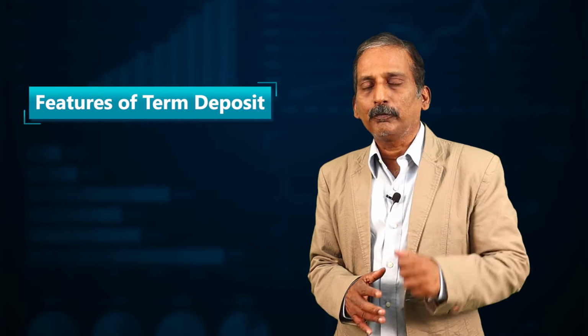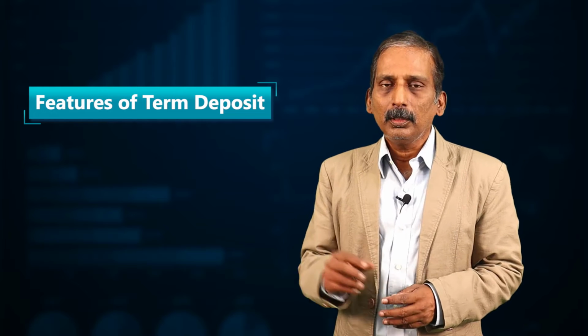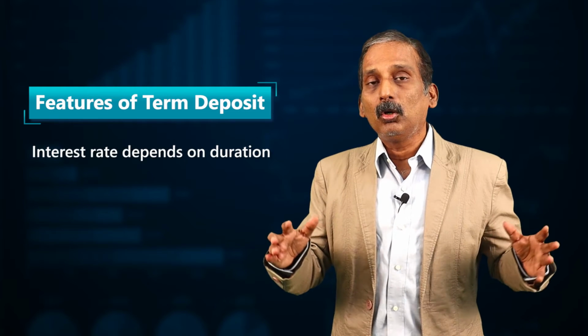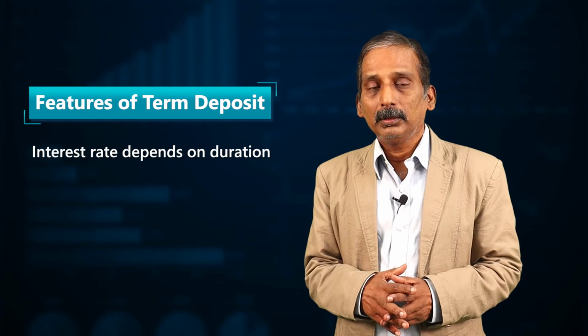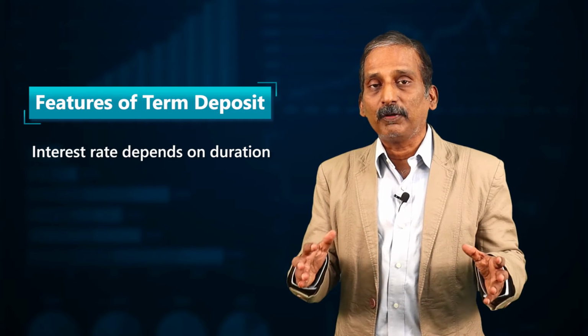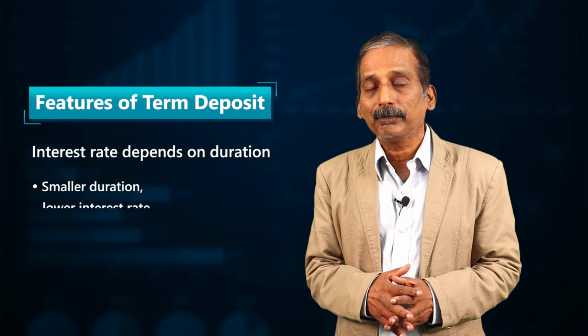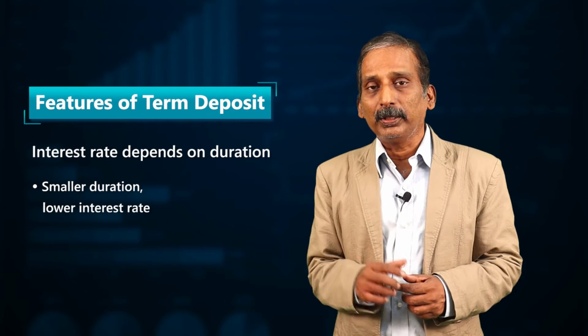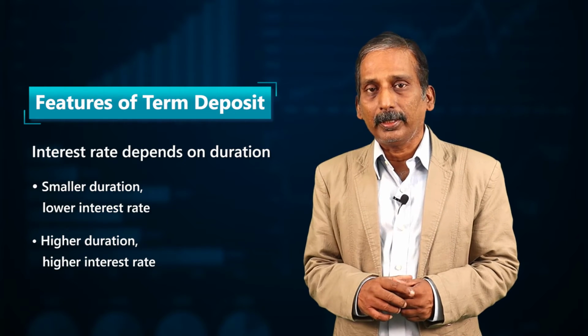The first important feature is that the interest payment on a term deposit, and I'll use the word term deposit and fixed deposit interchangeably. The interest rate on a term deposit is a function of time. It's a function of the tenor of the instrument. It's a function of the holding period. The rough thumb rule is that shorter the period, less is the interest rate.